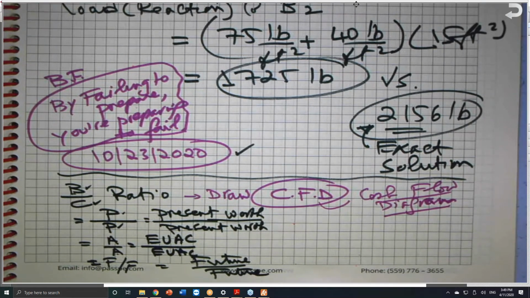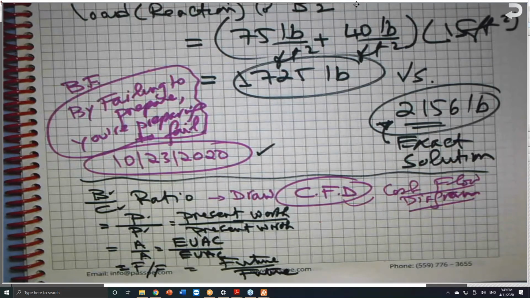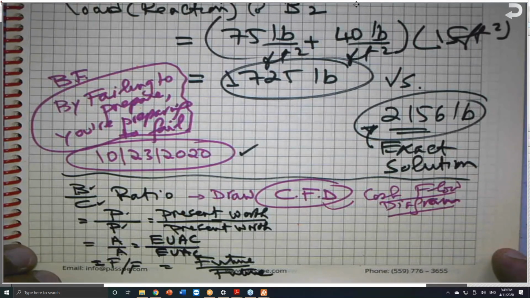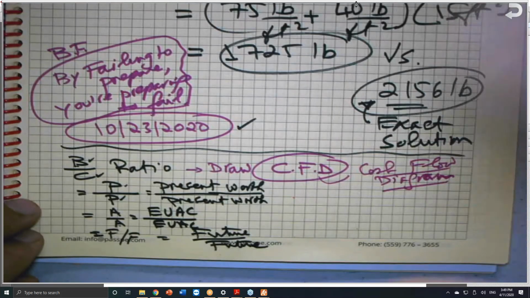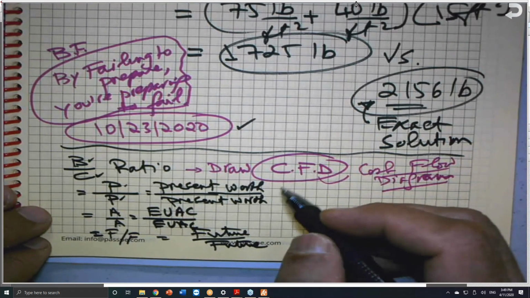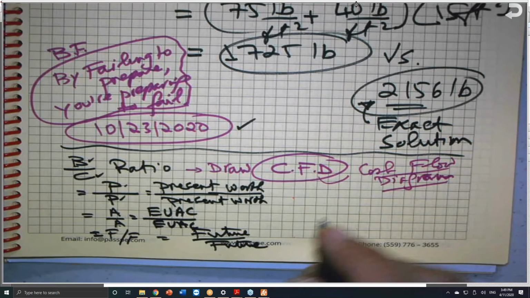Each one has advantages and disadvantages, and some limitations are imposed. But if the life of the assets or the alternatives is the same, it does not make any difference. And this is what I'm expecting.